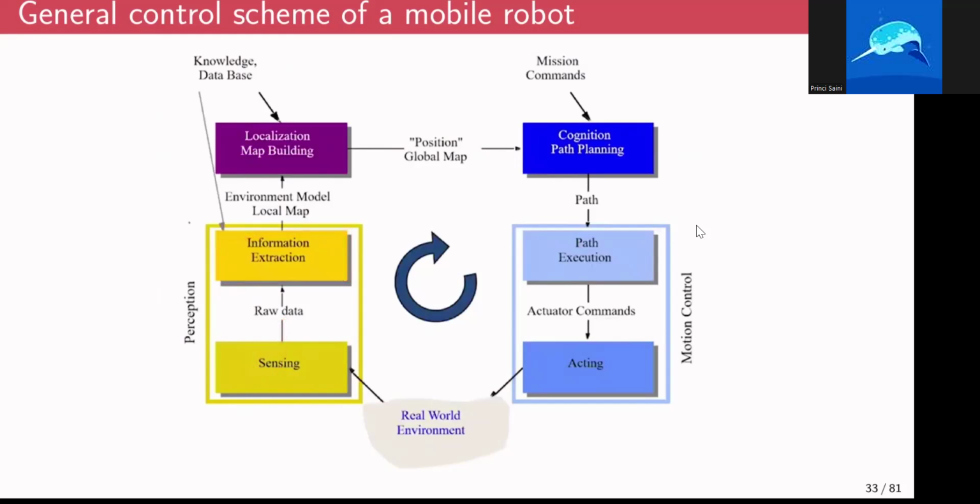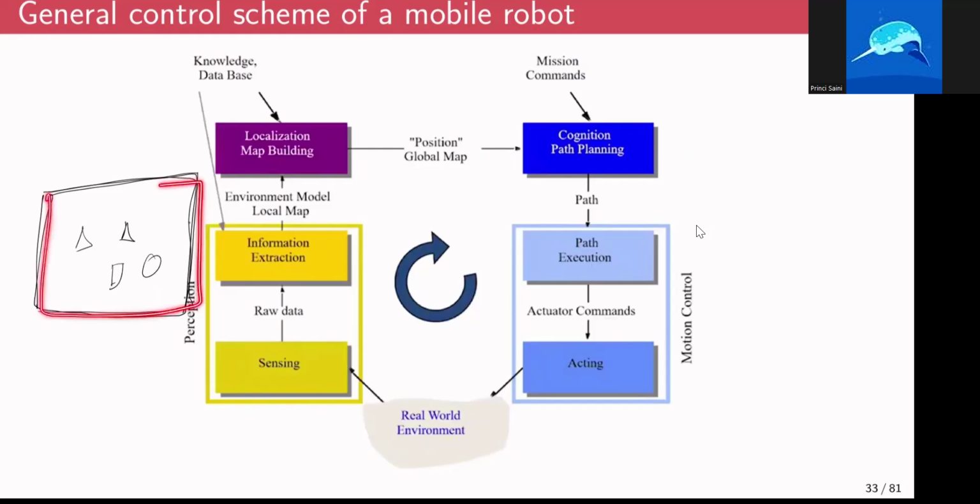And once it has perceived its environment, we go for localization. As I've already said, once the robot perceives its environment, it will try to create a map of the environment with lots of features. And once it has created a map, it tries to localize its position within that map.